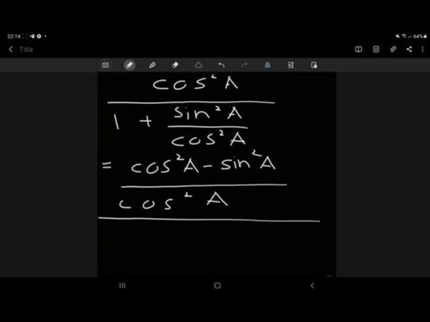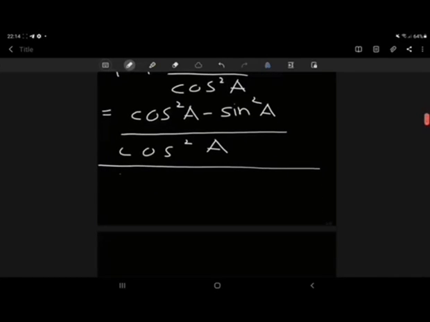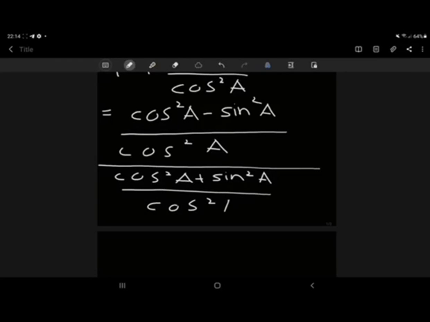and you have to divide it again: cos square a minus sin square a, and cos square a. For this part, you have to cancel this area and this area, and also cancel this area.